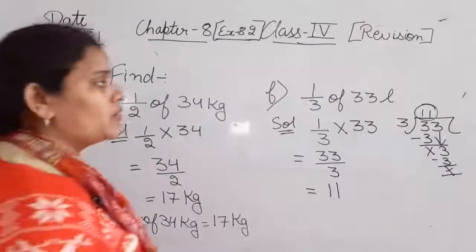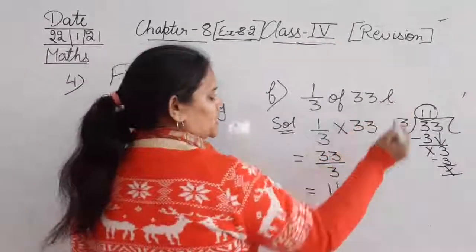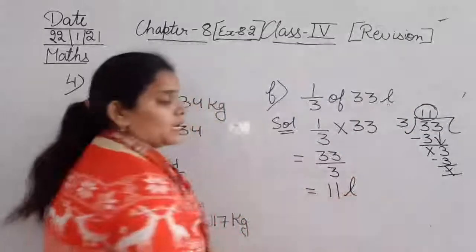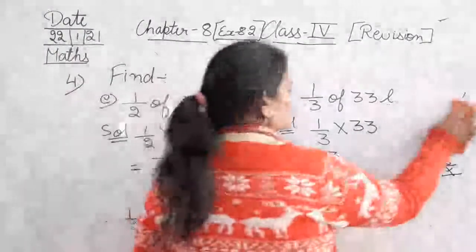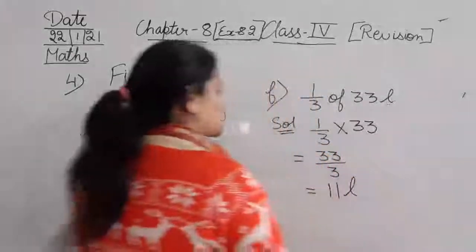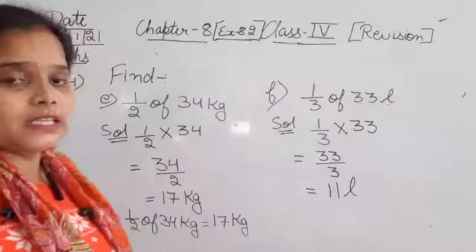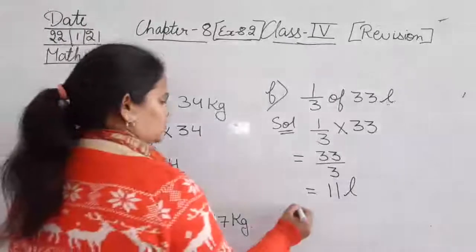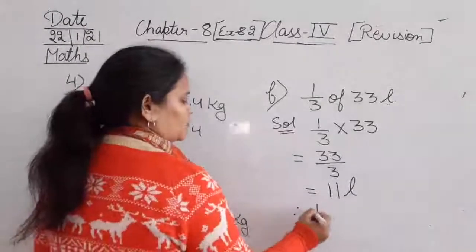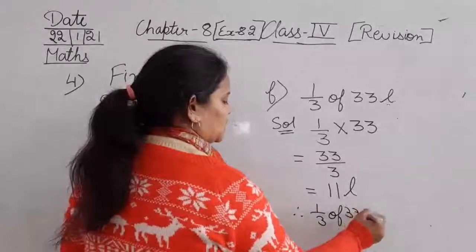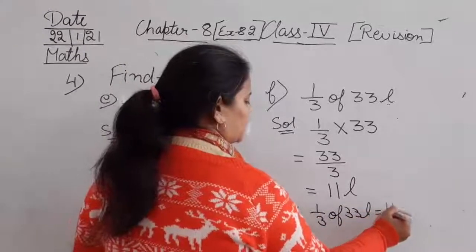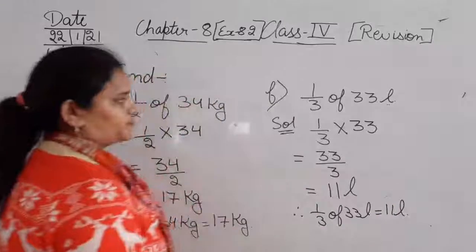No. We will write the unit as well. That is liter. That is 11 liter. At last, 1/3 of 33 liter is 11 liter. Write down the solution sentence. Therefore, 1/3 of 33 liter is equal to 11 liter.